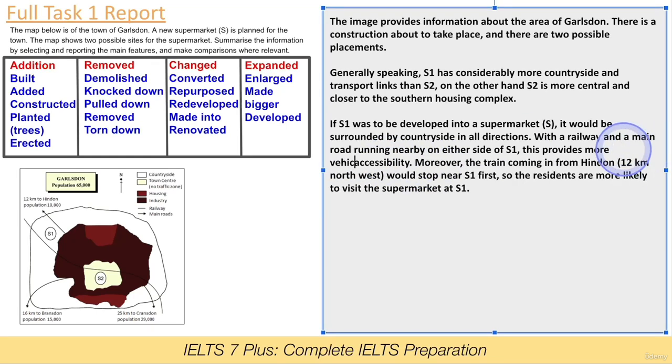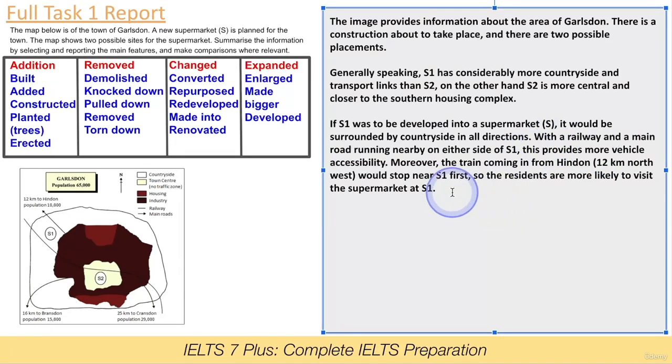That sounds a bit nicer. More vehicle accessibility. Moreover, the train coming in from Hindon, 12 kilometers northwest, would stop near S1 first. So the residents are more likely to visit the supermarket at S1 as it is closer. Okay, I think that's good.